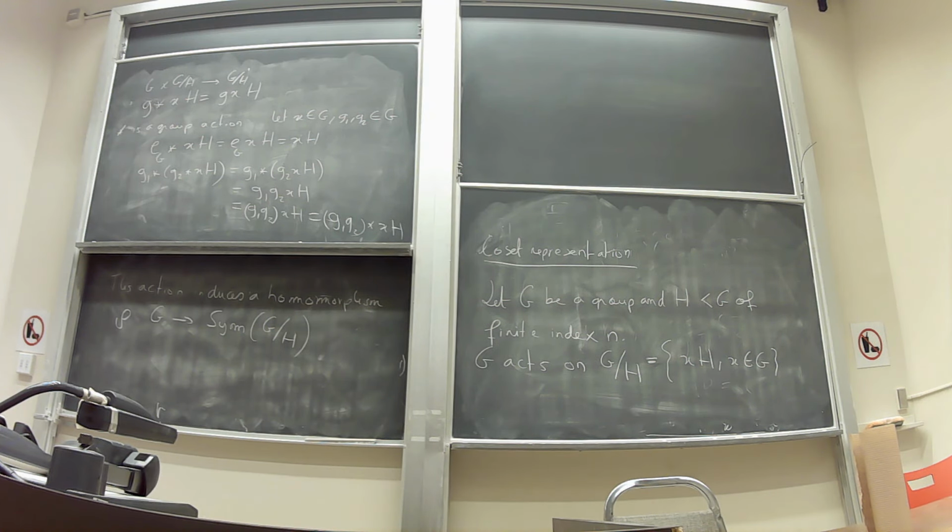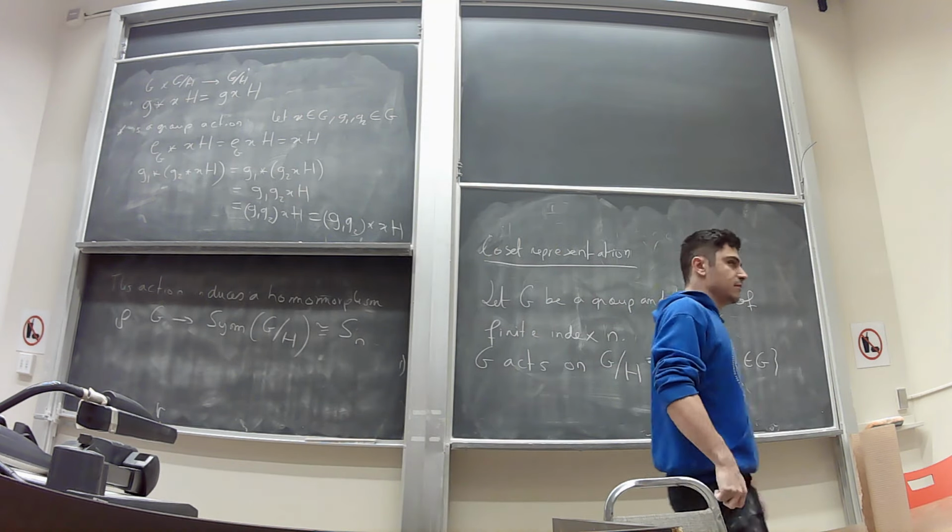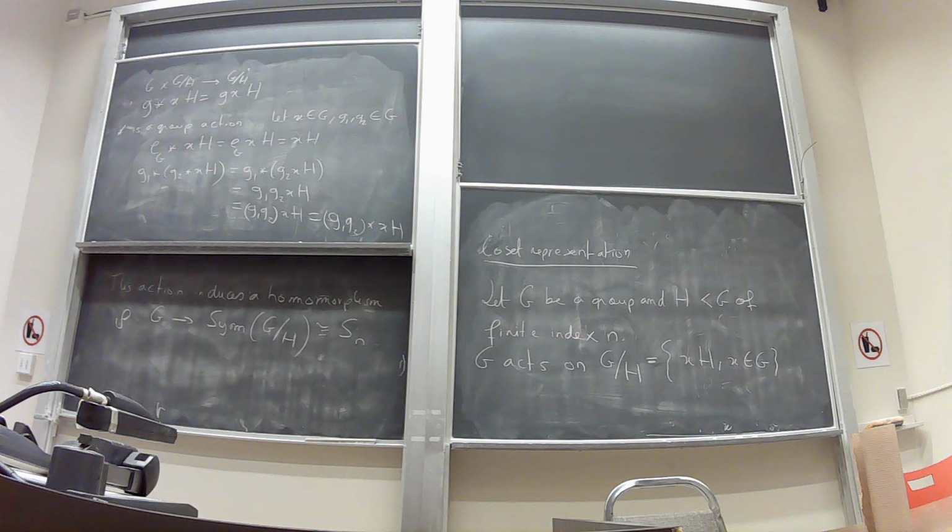Well, G mod H has n elements. By labeling those elements 1 up to n, you can identify the symmetric group on G mod H with S_n. It's isomorphic to S_n. Just label the elements 1, 2, 3 up to n.